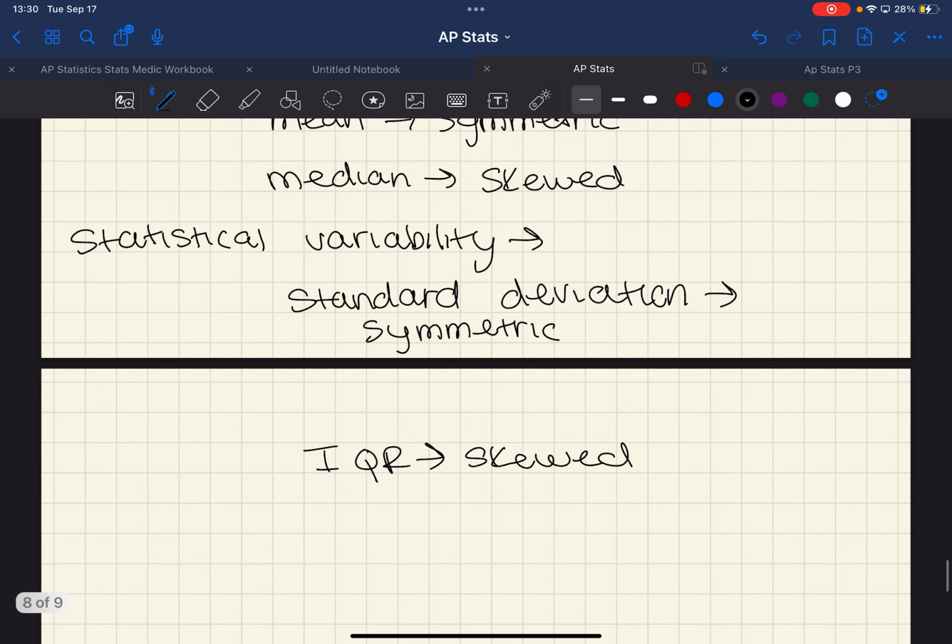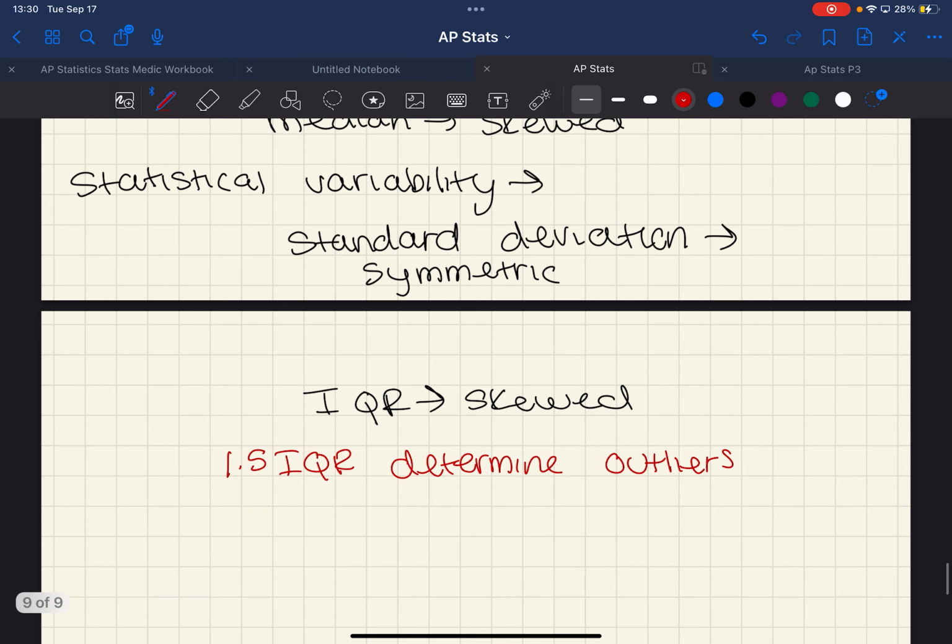Okay? And remember, in IQR, we can use the method 1.5 times IQR, so 1.5 IQR, to determine outliers. Okay.